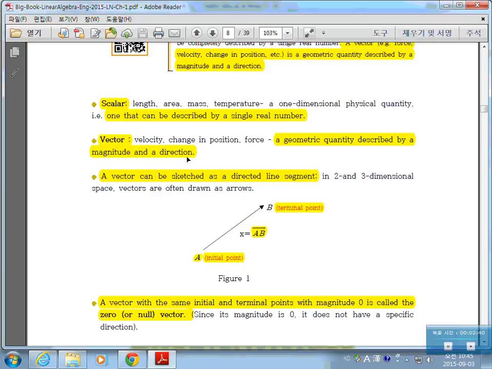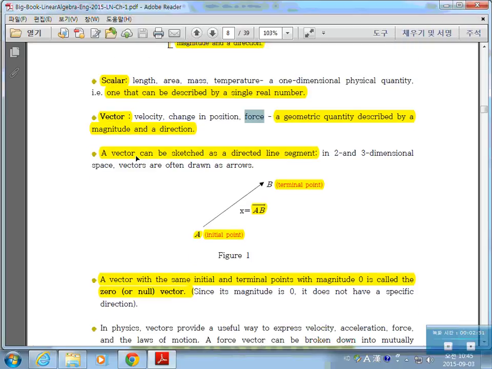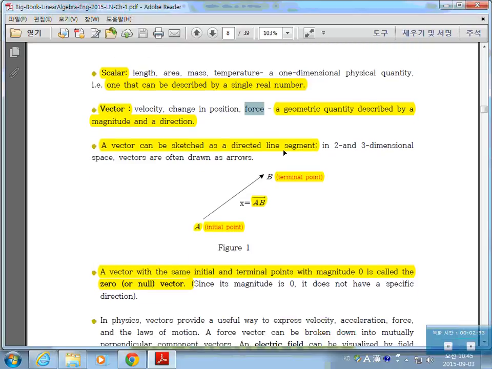Two things. Examples include velocity, changes in motion and in position, and pose. A vector can be sketched as a directed line segment like this in two or three dimensions.